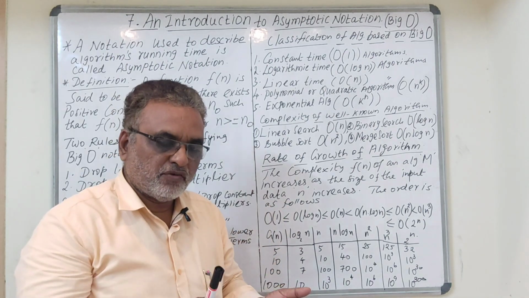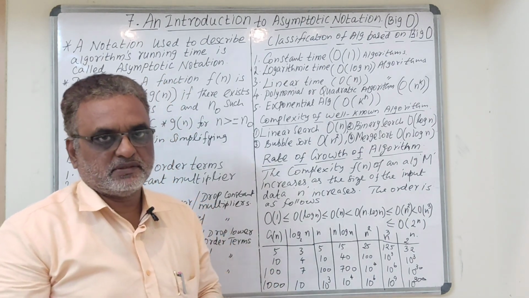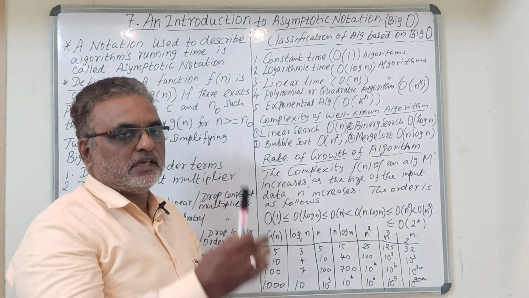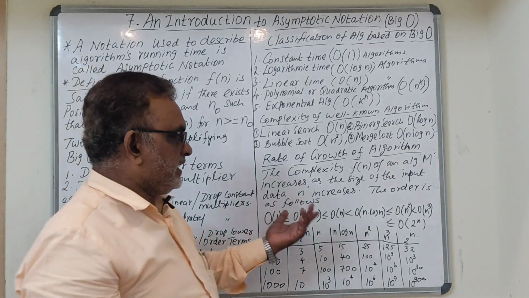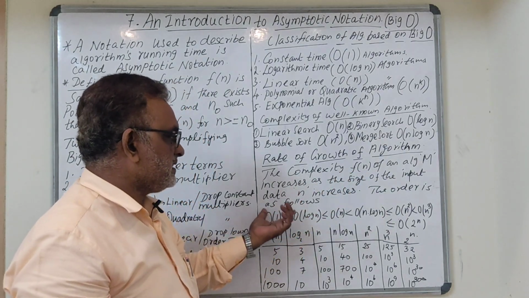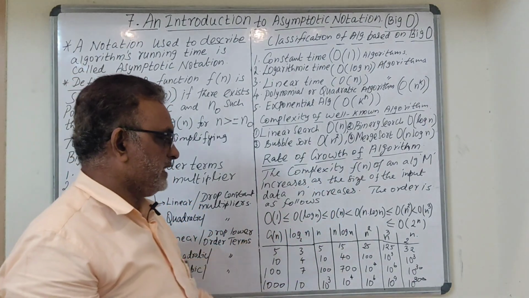If the loop is executed 100 times, then it is considered as 100 statements. If the n value increases, naturally the number of statements increases. So in that way, if the input size increases, the complexity of the algorithm will also increase.